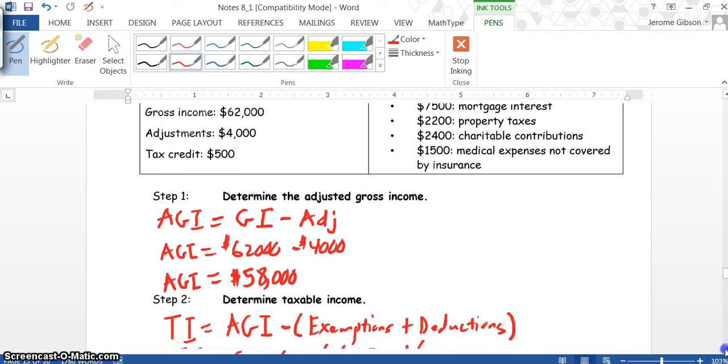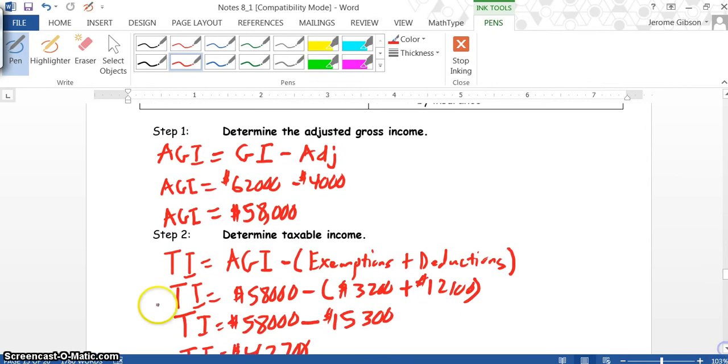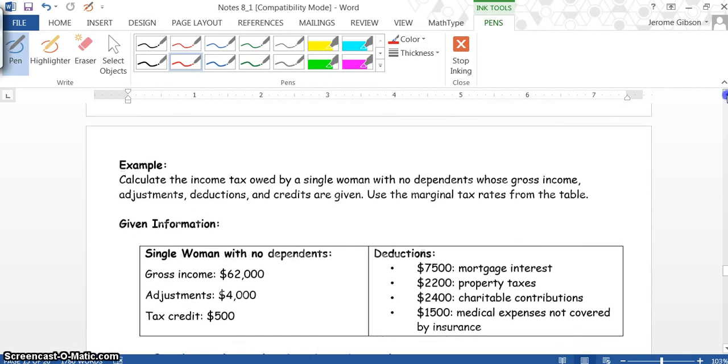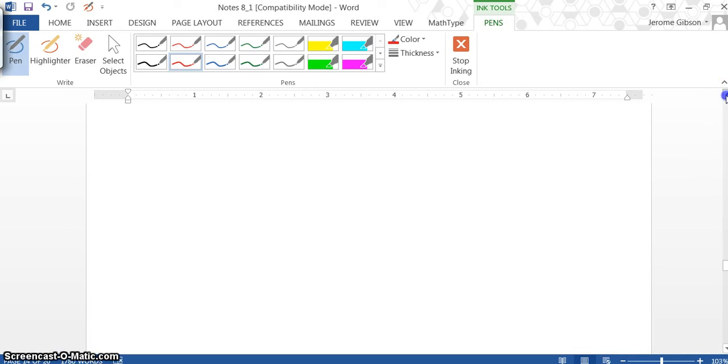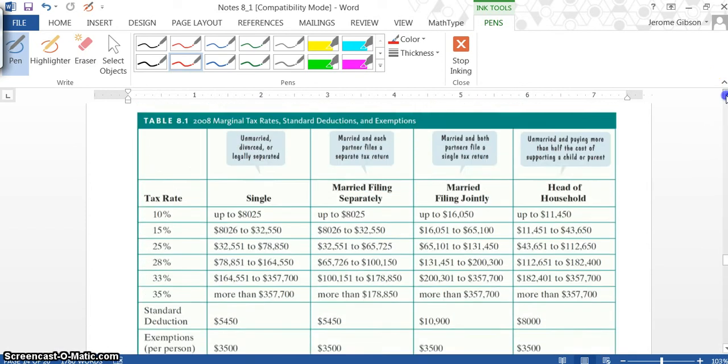It says determine the taxable income. Taxable income is adjusted gross income minus exemptions plus deductions. So we have our adjusted gross income, which is 58,000 minus the exemptions. We were told earlier that this woman is a single woman. And if we go back up here, let's go back up.